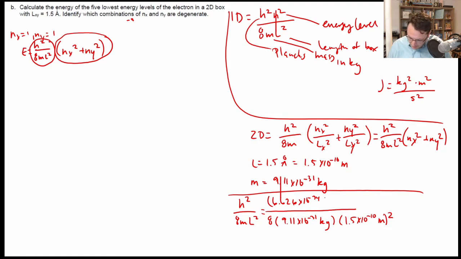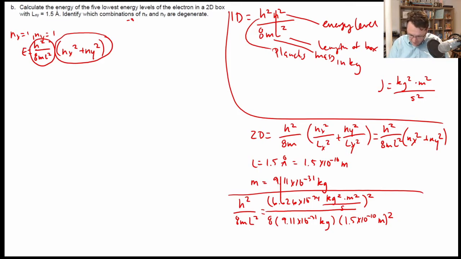So what we have is kilograms squared times meters squared over seconds squared times seconds, right? And so the seconds cancels there, and that gets squared. Let me just do the math part real quick.